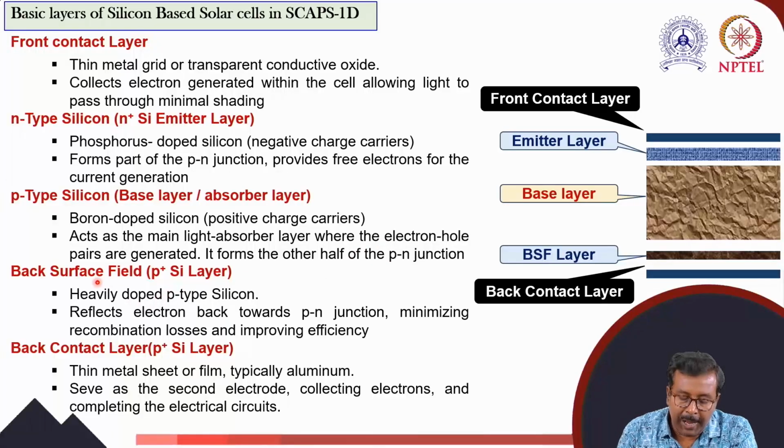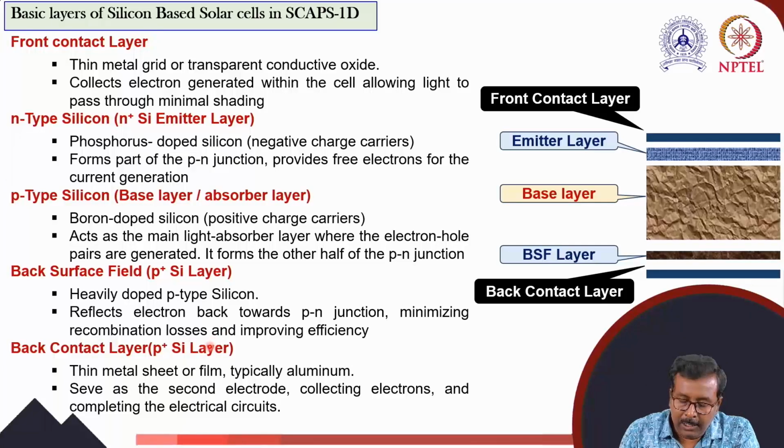That means back surface field is used to reduce recombination, so that the effective carriers which are generated due to photon incident should not be lost due to recombination at the contact.